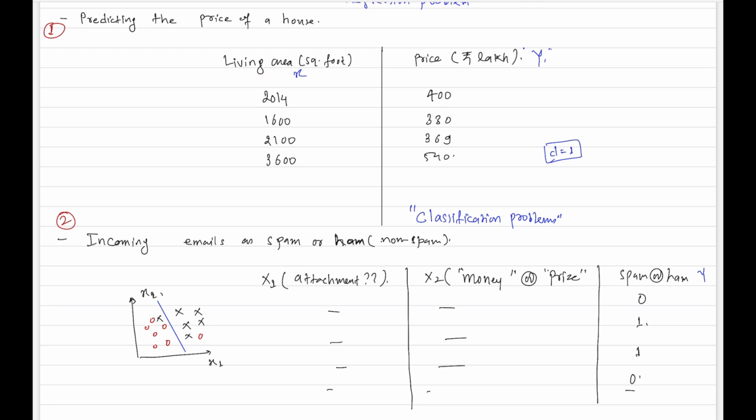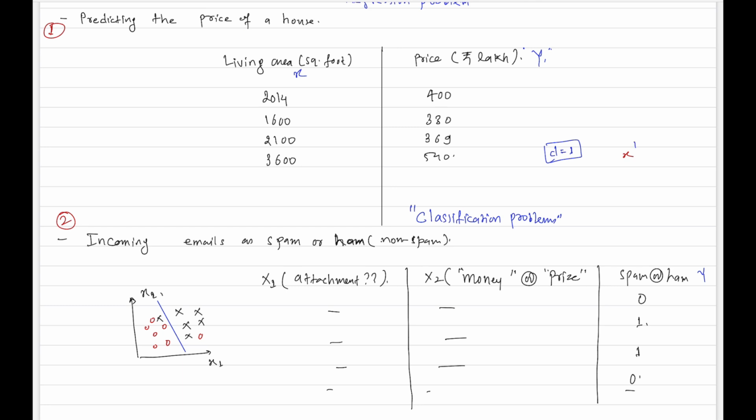So if you have to write the first input, so example of the first input, and one more thing, whenever we talk about the ith example, so if I say the first example, we are going to denote this as a subscript.